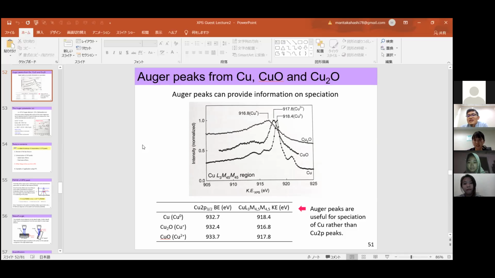Most of them will use XPS to analyze the chemical state of their samples during their projects for their thesis. Are they using XPS? Yeah, sometimes I do measurements in Malaysia. I do some work there, and if I have time, I also send some samples to JAIST. Okay, it's okay.